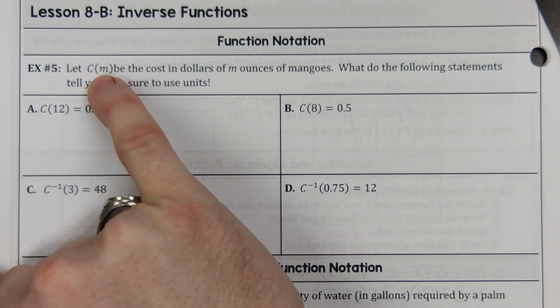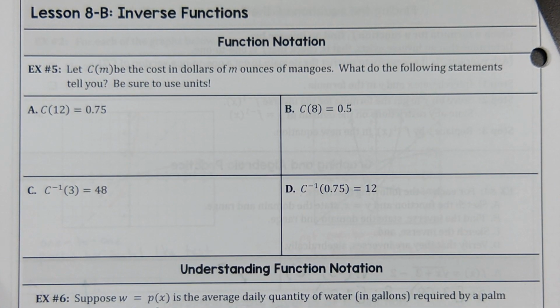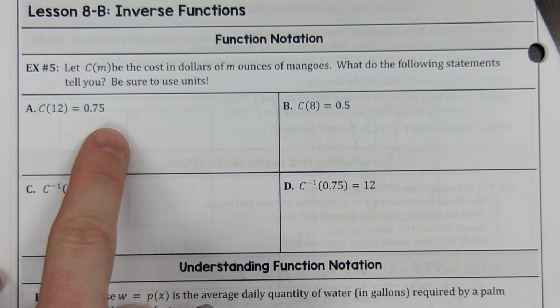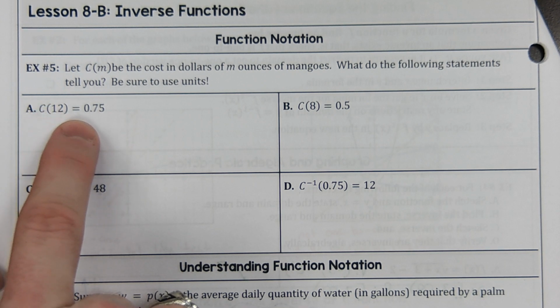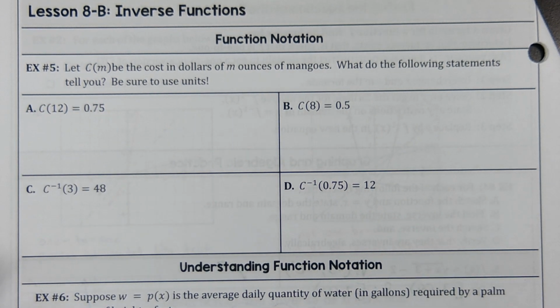Input is ounces of mangoes. Output is cost. So then what this tells us is the cost of 12 ounces of mangoes is 75 cents.